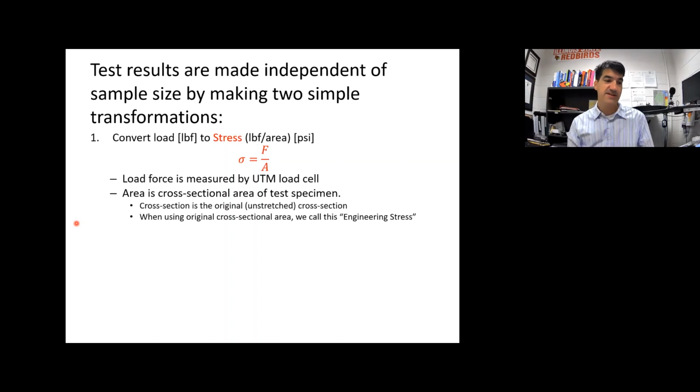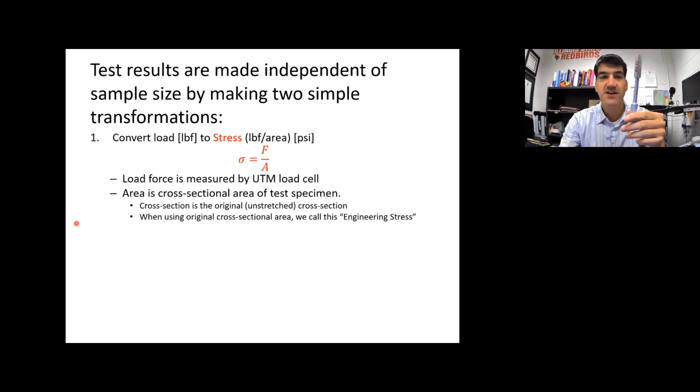And if you remember, the definition of stress is force divided by area, force per unit area. So what you're going to do is if you're testing this part right here, and the machine gives you a certain amount of force, this is how much force is being applied at that certain point in time, what you're going to want to do is convert that force into stress by dividing the force by the cross-sectional area.